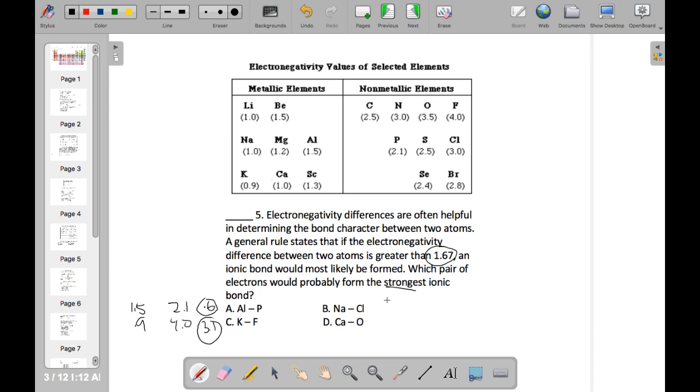Sodium is 1 and chlorine is 3.0. Difference is 2. And right here we have calcium is 1 and oxygen is 3.5. The difference is 2.5. Well, we have a couple of ionic bonds here, but this will be the strongest because it has a 3.1. So the answer is C.